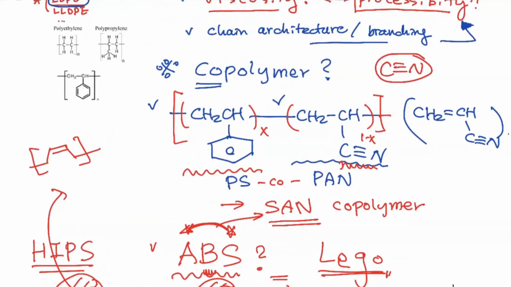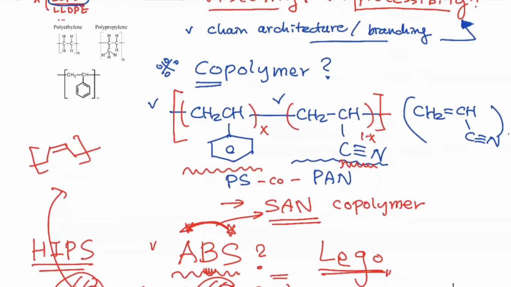If you want to sell the product, cyanide is a poison, so they don't want to sell it. So they came up with a name called acrylonitrile, so that the general public does not know it has the same chemical structure as a cyanide, which is a poison.